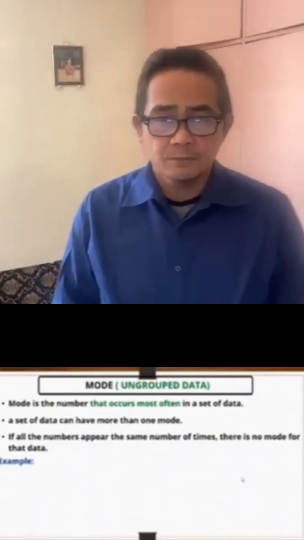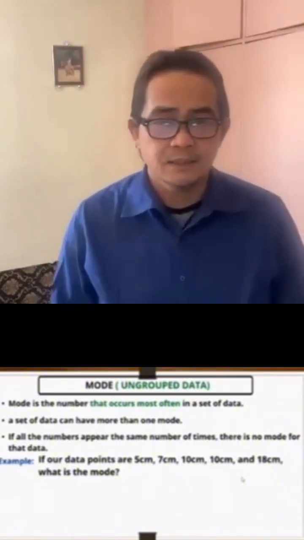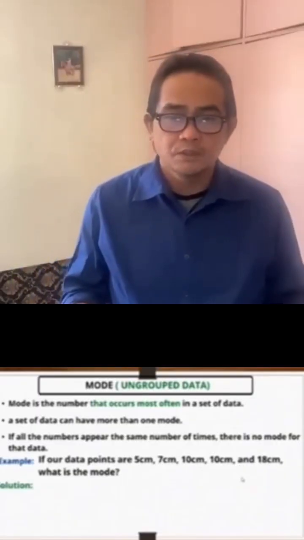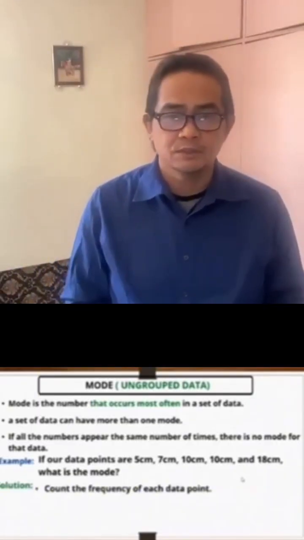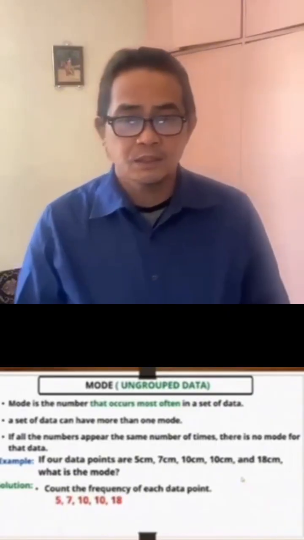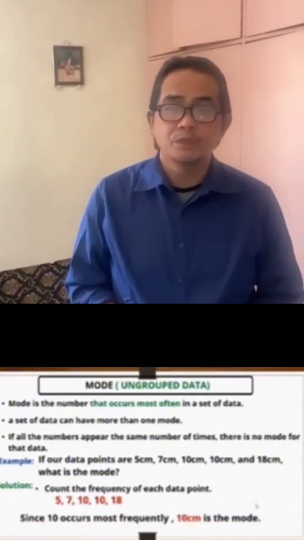For example, if the data points are 5, 7, 10, 10, 8, and 18, what is the mode? If you observe, 10 is common, so the mode is 10. And since 10 appears twice, we call it unimodal.